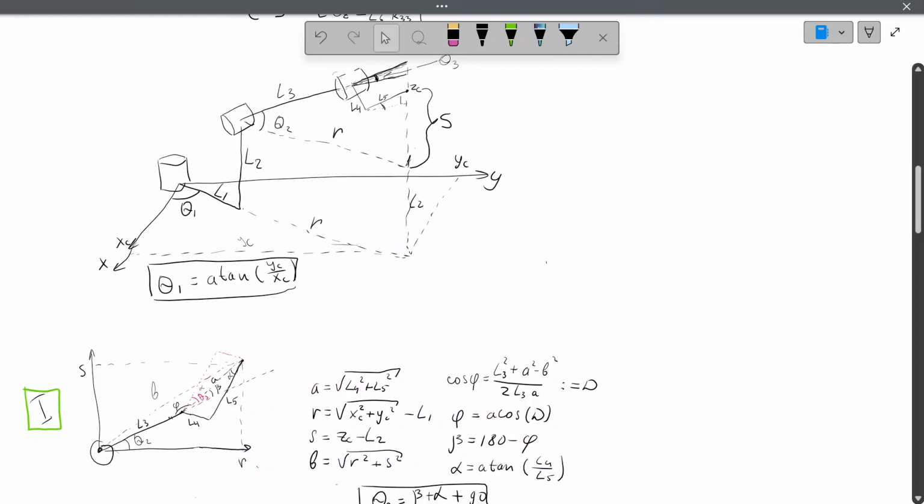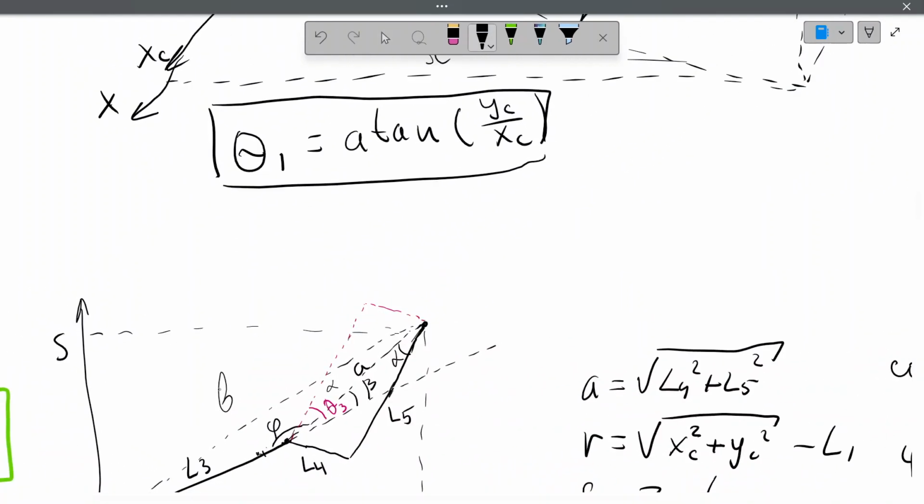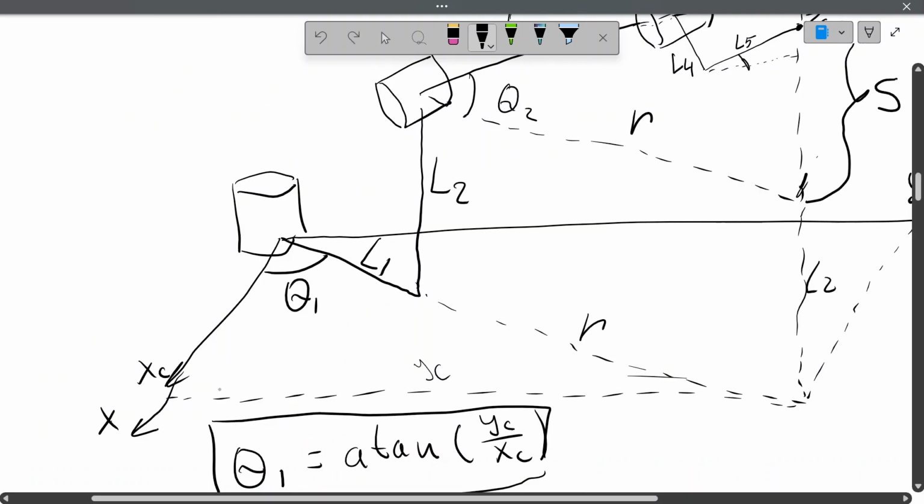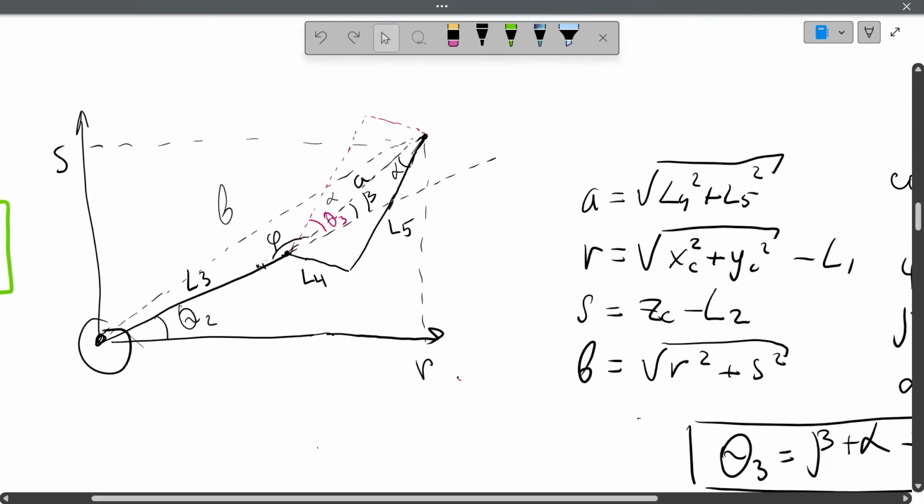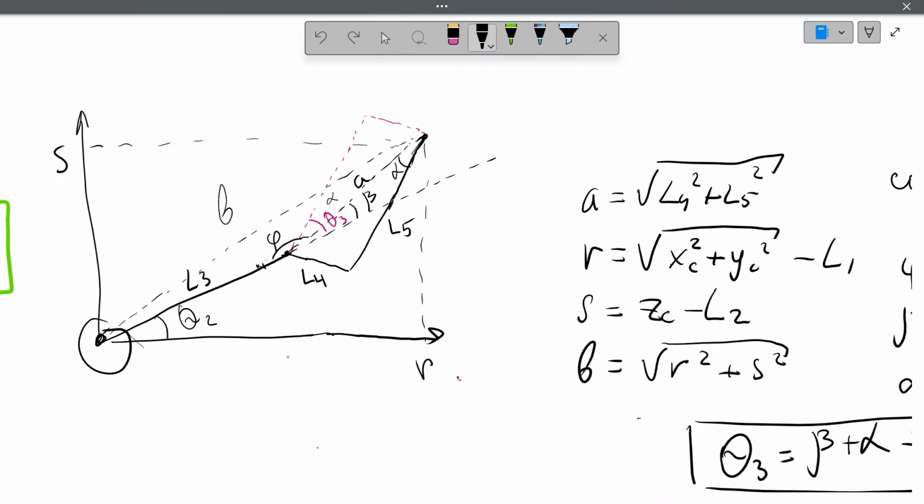Next, I also added some additional distances. This one is the distance A. Here we consider this triangle. A is calculated by the Pythagorean theorem: the square root of L4 squared plus L5 squared.